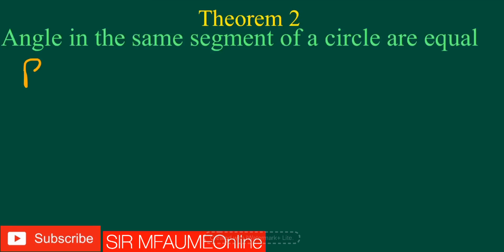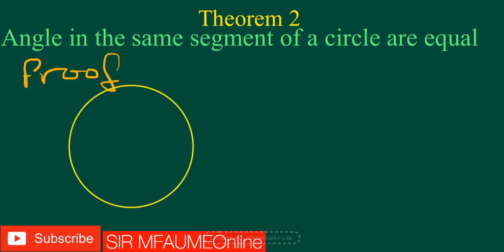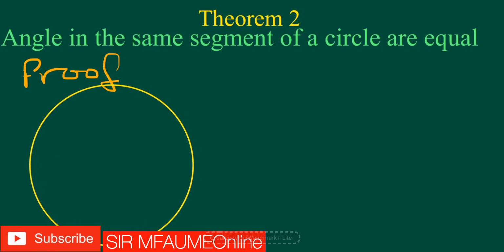Proof. Okay, assume you have a certain circle here. Then from this circle, we need to prove that angles in the same segment are always equal. Now assume something like this one. Here is the center of the circle, and we need to create certain angles which use the same segment, something like this.